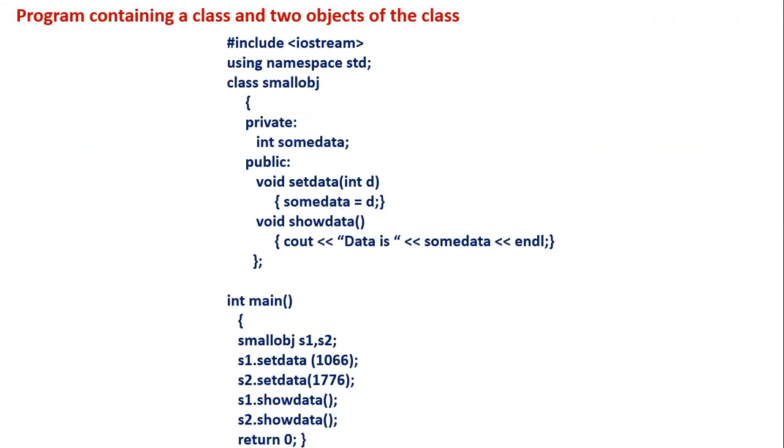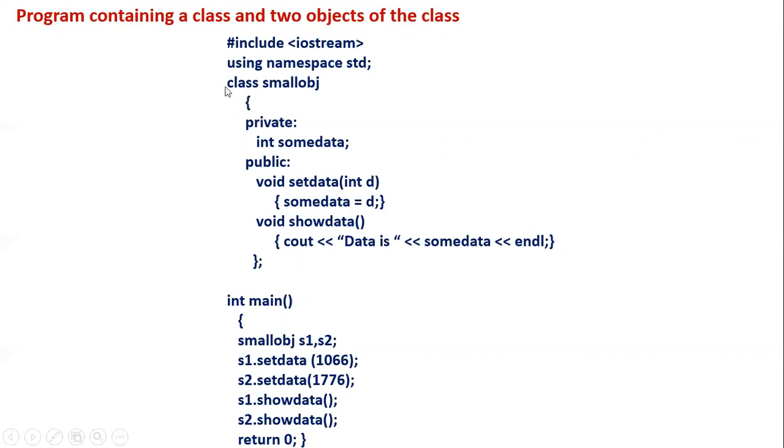Before understanding how we define a class and how objects are created under it, we will see a program where we have defined a class and two objects of the same class. We'll understand the program in depth later, but we'll have a short look at how it is written, what the class is and what the objects are.